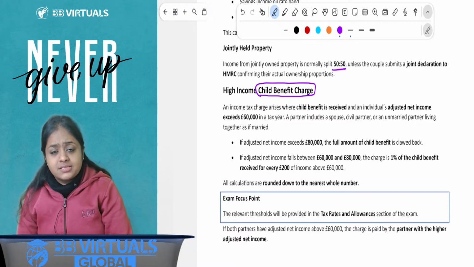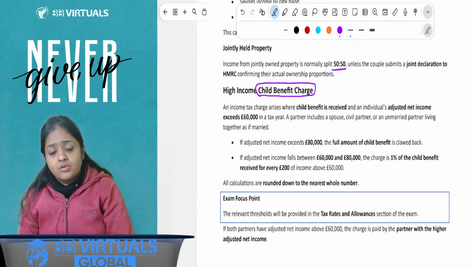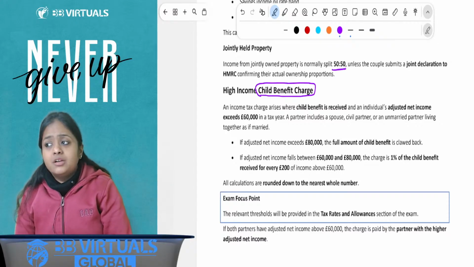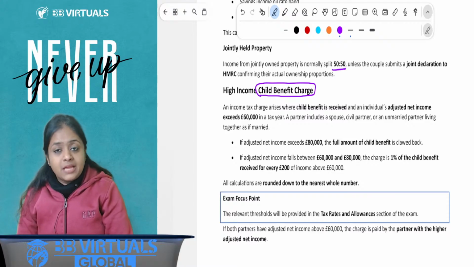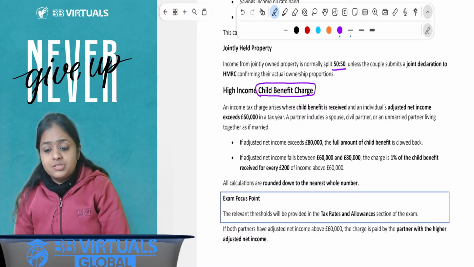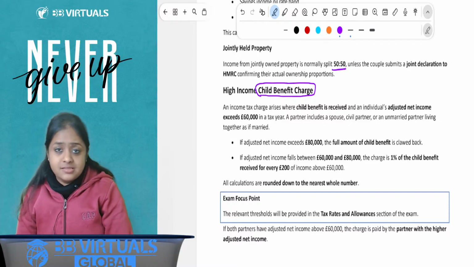Generally it is only given for minor children, not for major children. Typically I think up to 16 years of age only the claim can be made, but there are some rules and regulations to be followed, which are not in the syllabus.